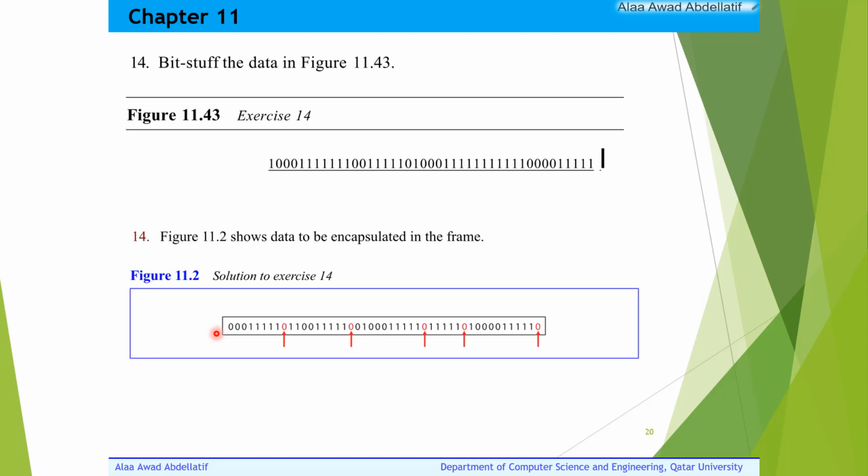This is bit stuffing. So for this example of bit stuffing, if I give you this code and I tell you to use bit stuffing, how many extra zeros will you add? Bit stuffing: each 5 consecutive ones.